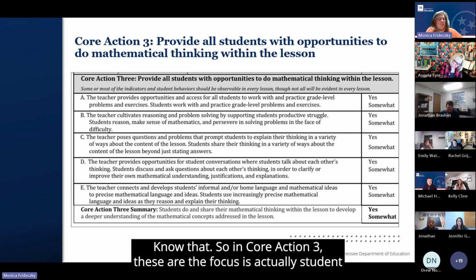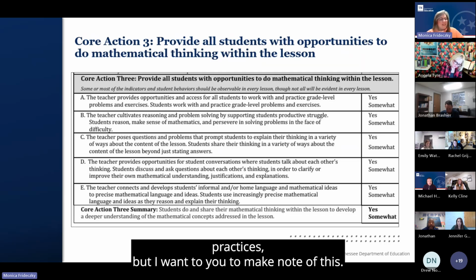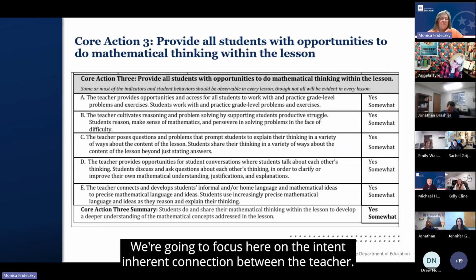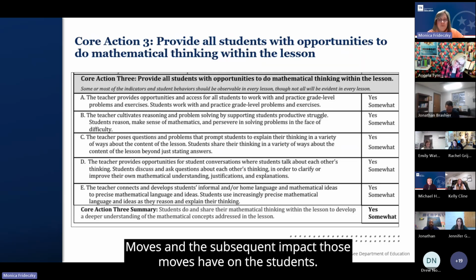So in core action 3, the focus is actually student practices. But I want you to make note of this. We're going to focus here on the inherent connection between the teacher moves and the subsequent impact those moves have on the students.